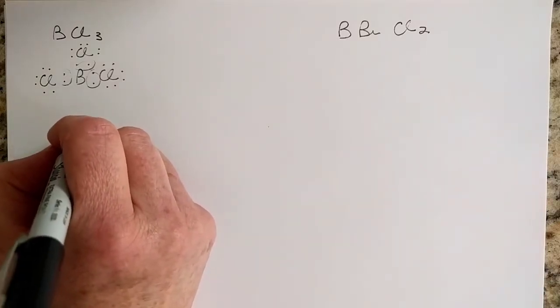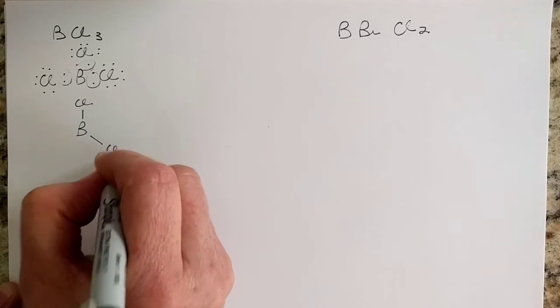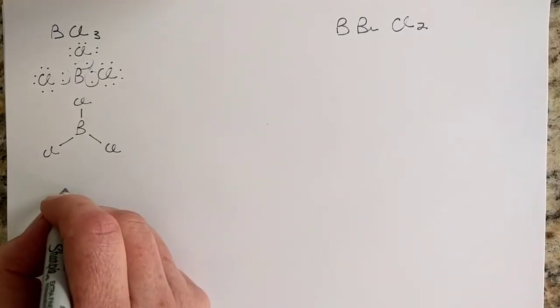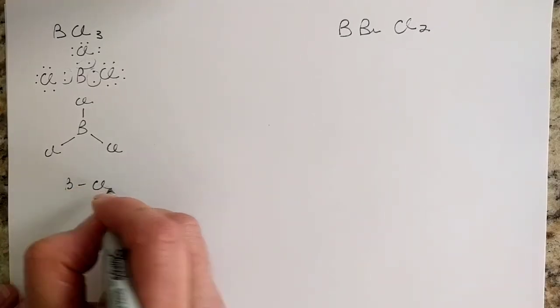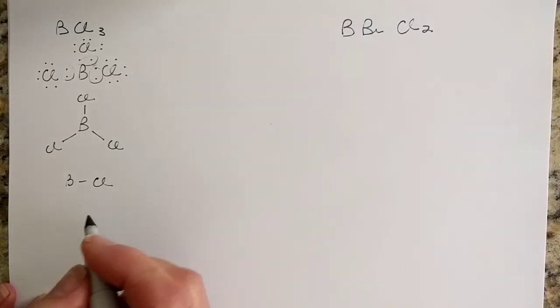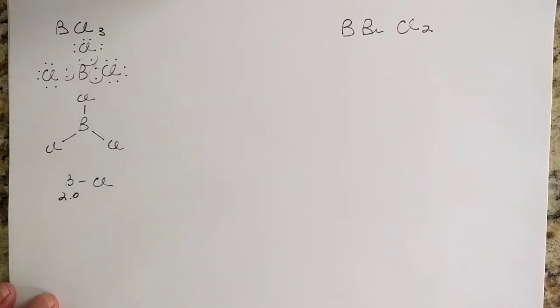So we're going to draw it to represent its geometry. And now we're going to evaluate the boron-chlorine bond using our periodic table of electronegativities. Boron from the chart is 2.0.